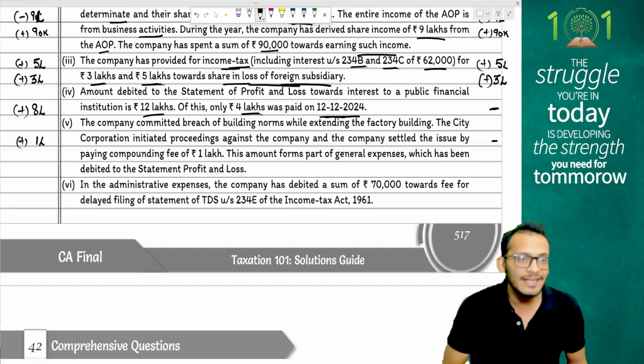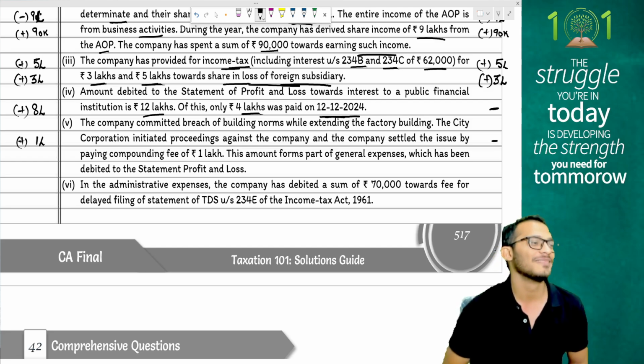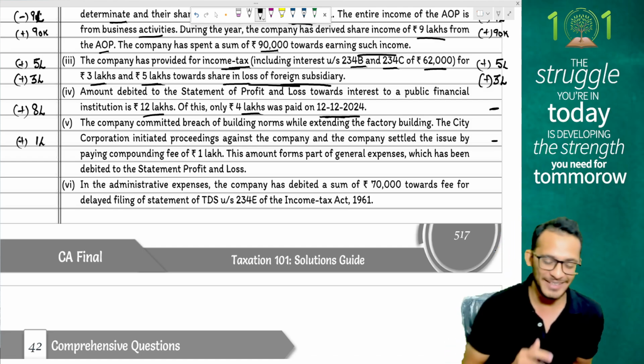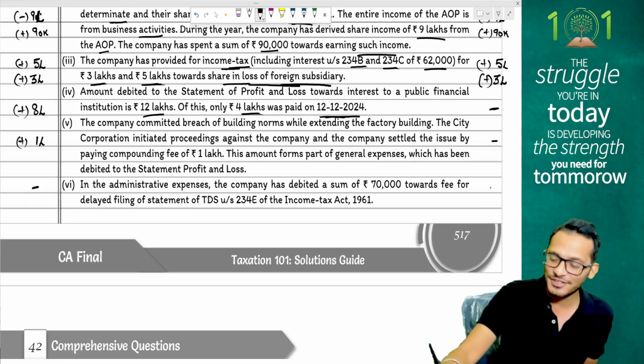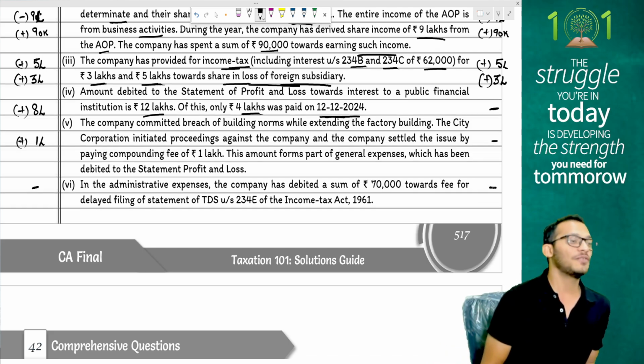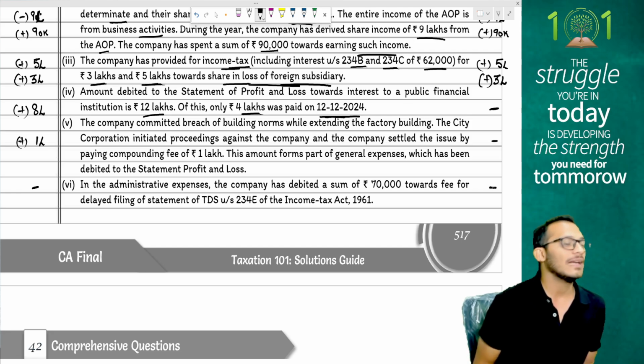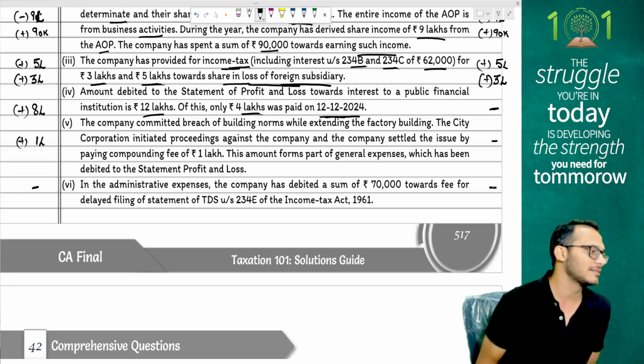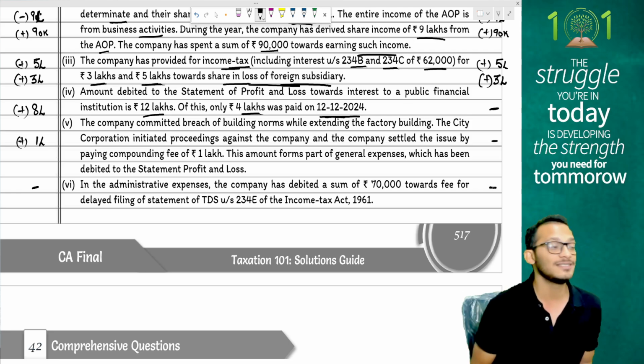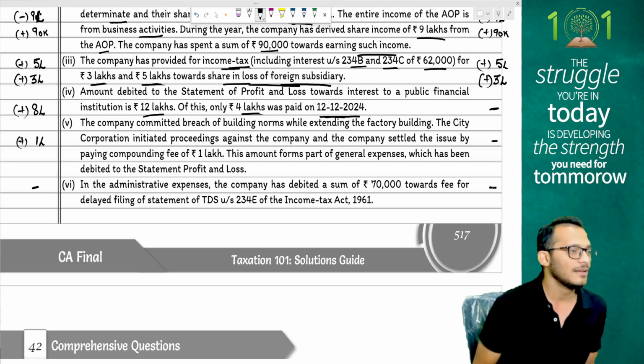Move forward. In the administrative expenses, the company has debited a sum of 70,000 rupees towards fees for delay in filing TDS returns under section 234E. This is very good. Allowed as deduction. People, under ICDS, you can only disallow income tax return fees. TDS return fees is a compensatory payment and therefore allowed as deduction.